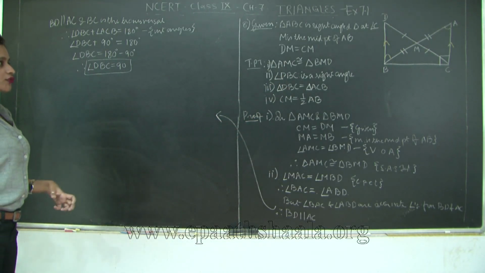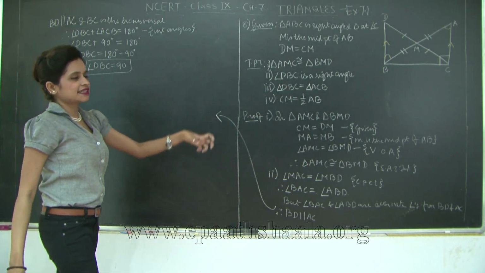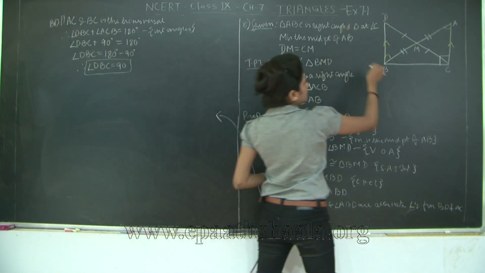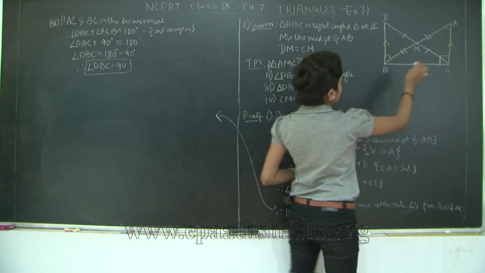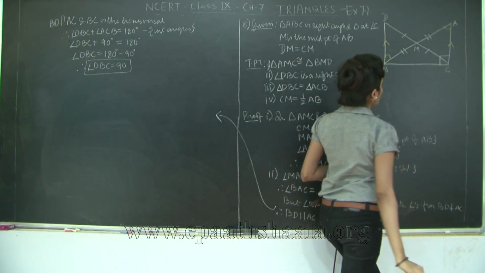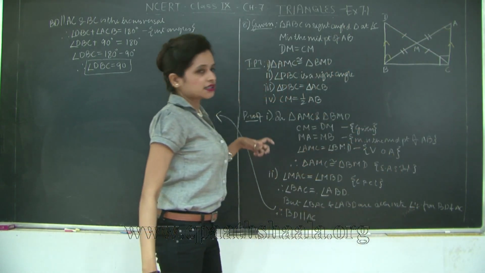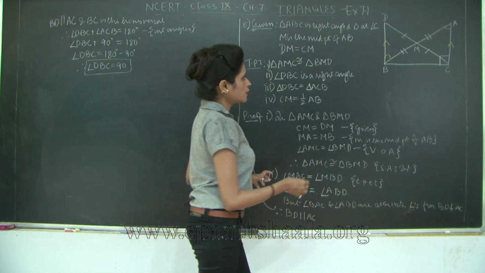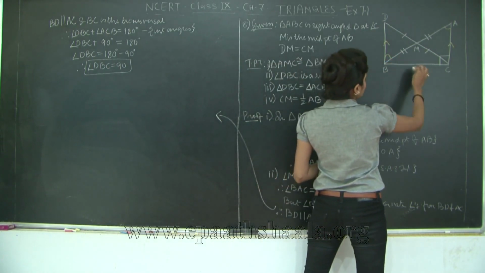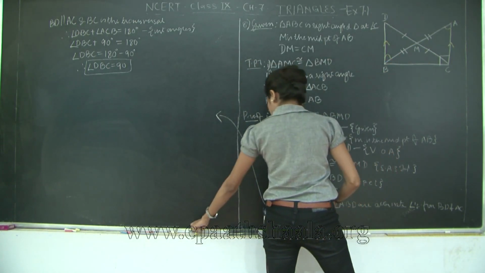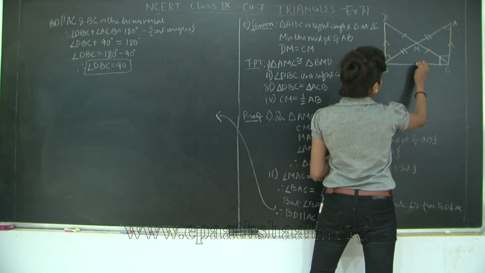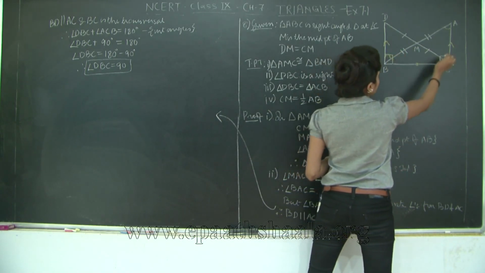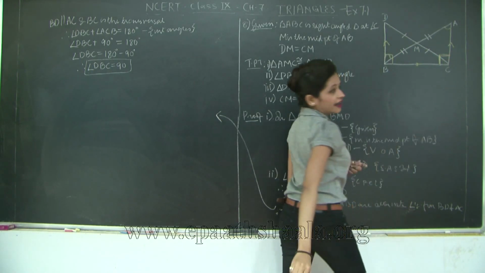Okay, now we need to prove that DBC and ACB, the two triangles, are congruent. So, let's see which are the two triangles. I have DBC and ACB. Now, in order to prove the two triangles are congruent, first of all we need some test for congruency. So, if you notice, for the two triangles I have this side common, correct? We know that these two angles are 90 degrees, correct?